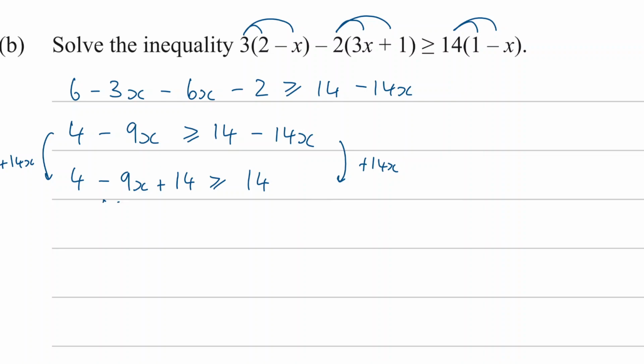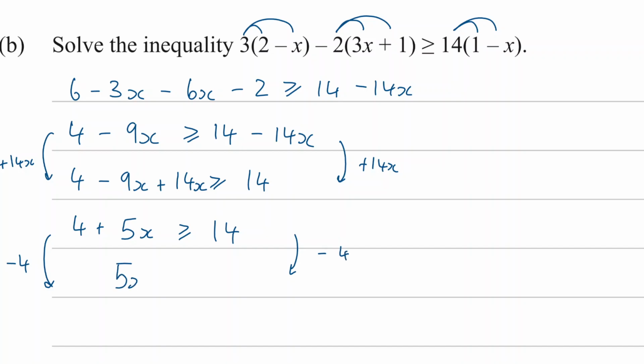Okay, let's group our x terms on the left-hand side. Minus 9x plus 14x is, what's that, plus 5x. And that's all greater than or equal to 14. Now I want all the constants on the right-hand side, so I'm going to subtract 4 to get rid of this positive 4, but I must do that on both sides.